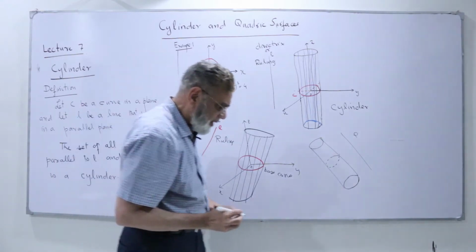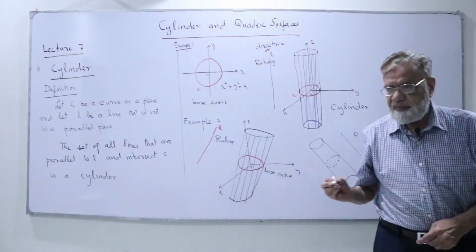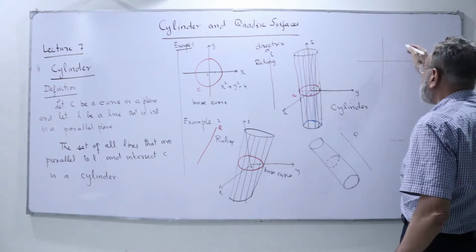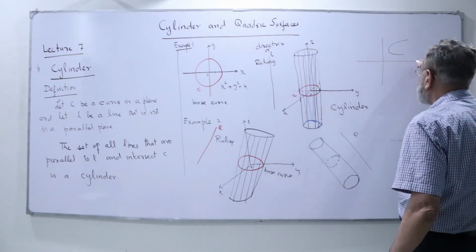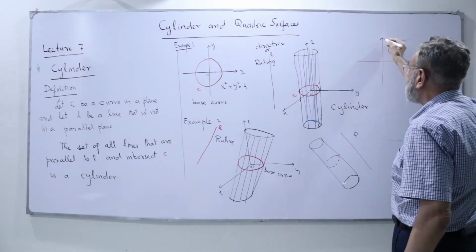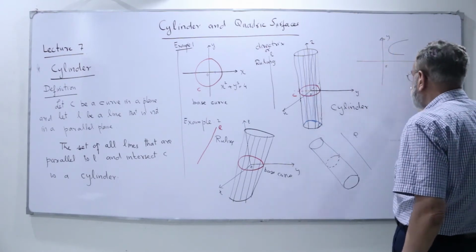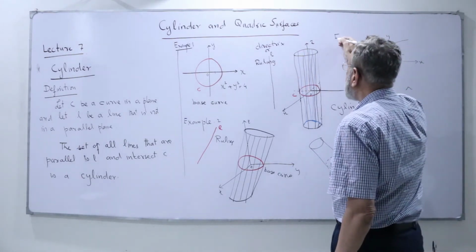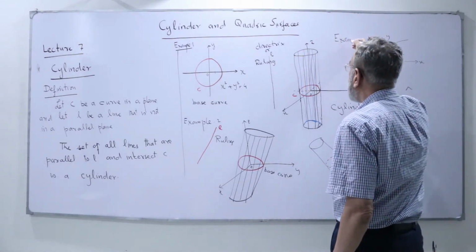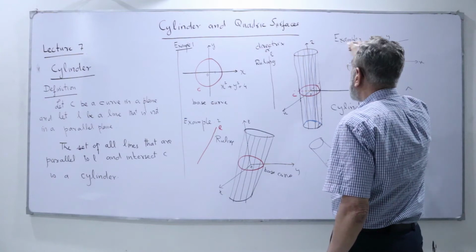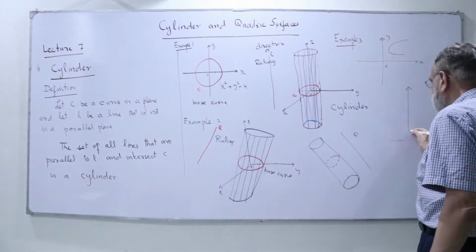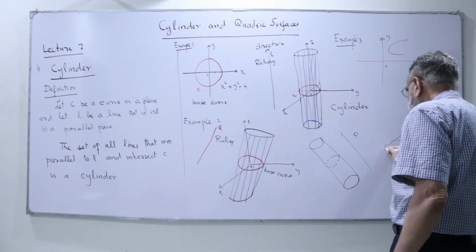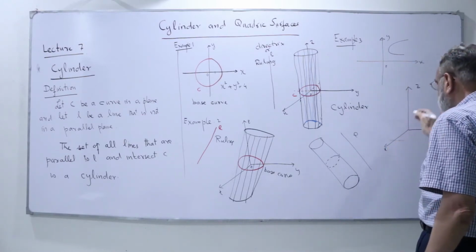I take another example, example 3. In the xy plane, I have a parabola type picture, and this is my base curve. Now if I take 3 dimensions, here is the z axis, this is my y axis, and this is my x axis, with my origin.